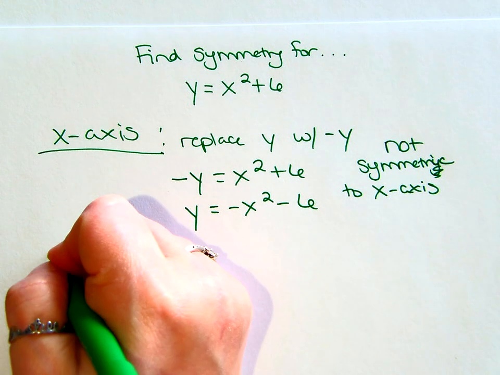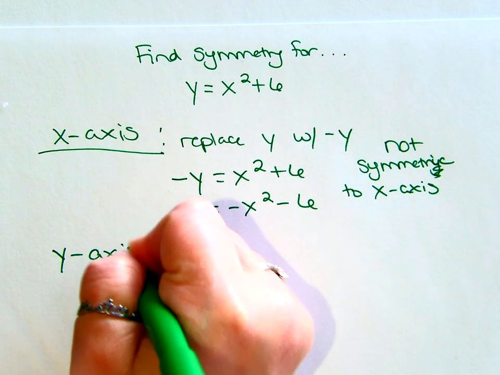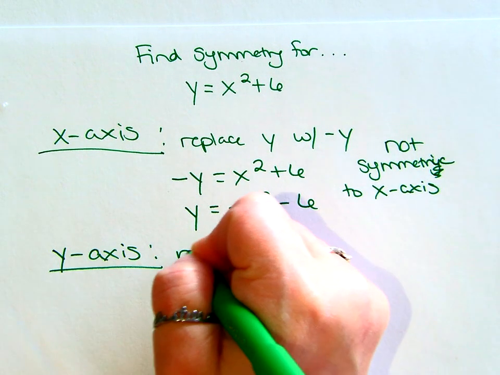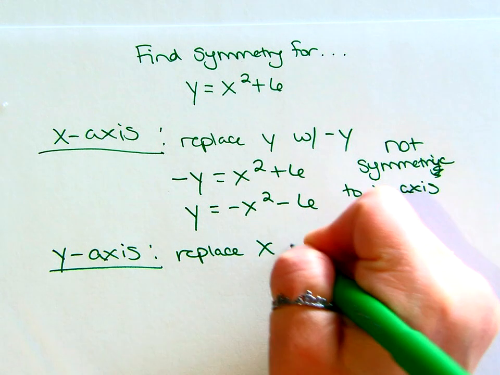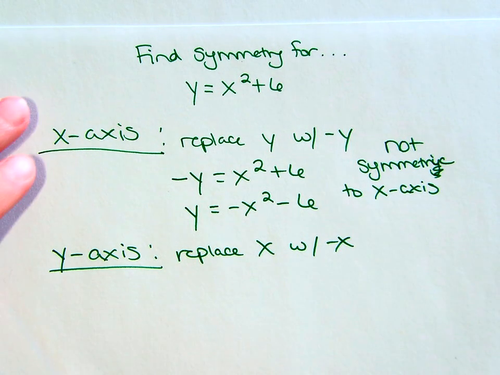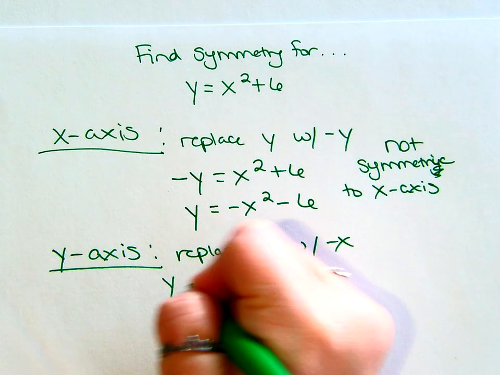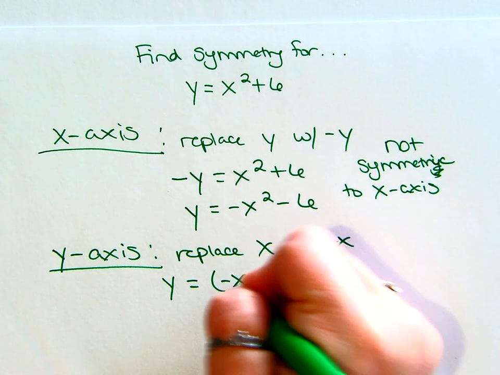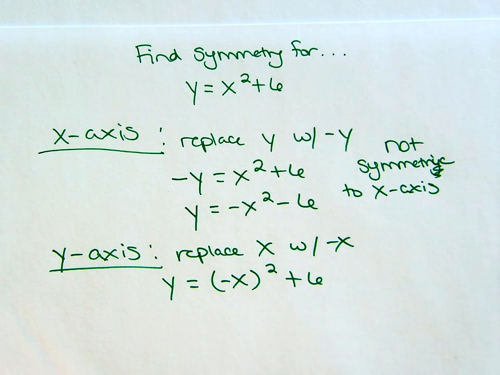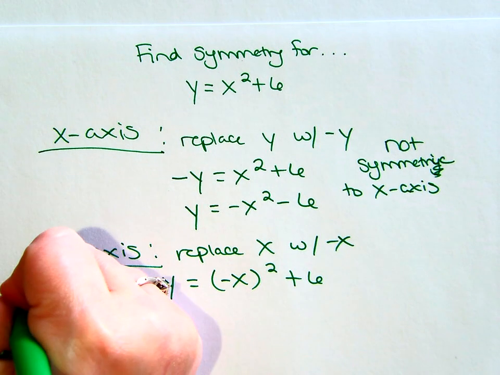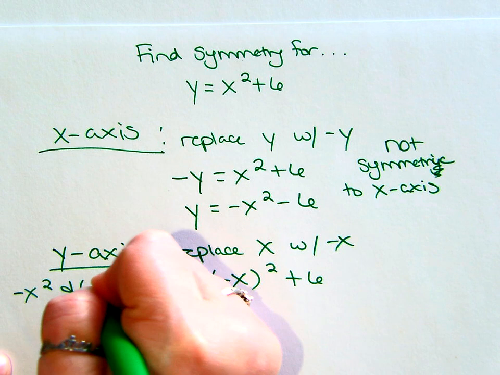So if we are testing symmetry to the y-axis, that's where we're going to replace x with negative x, and we're going to do the exact same process. So we have y equals negative x squared plus 6. Notice what I did there. There's a big difference between negative x squared and negative x squared.